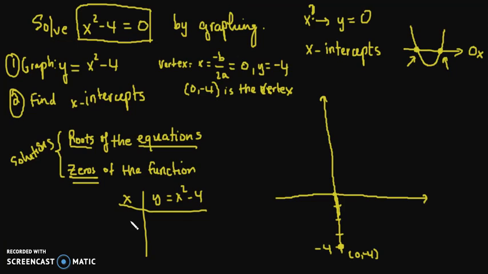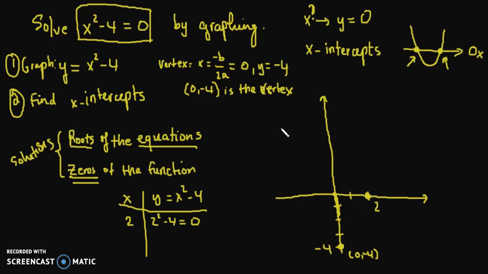Let's choose the point 2. We have 2 squared minus 4, which is equal to 0. So x equal to 2, y equal to 0.